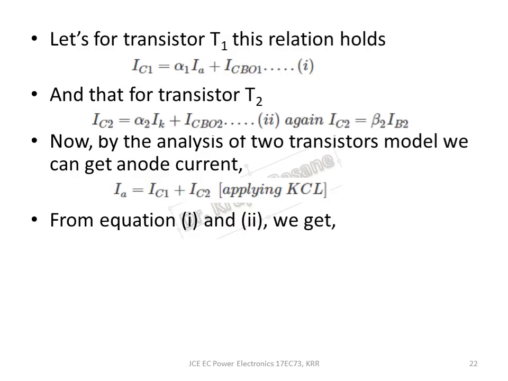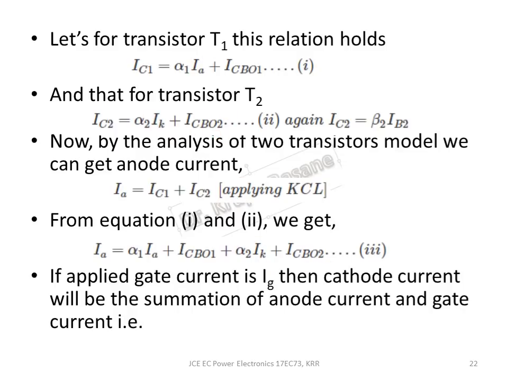And from equations 1 and 2 above, I am going to replace: IA becomes equal to IC1 plus IC2. Hence IC1, which is alpha 1 IA plus ICBO1, plus IC2, which is alpha 2 IK plus ICBO2.